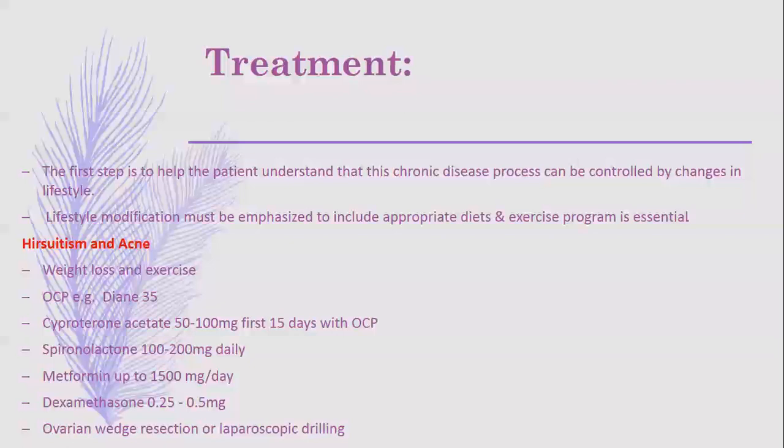This was the modality of treatment with anti-androgenic drugs. Dexamethasone: one theory is that giving dexamethasone 0.25 to 0.5 milligram will treat hirsutism.